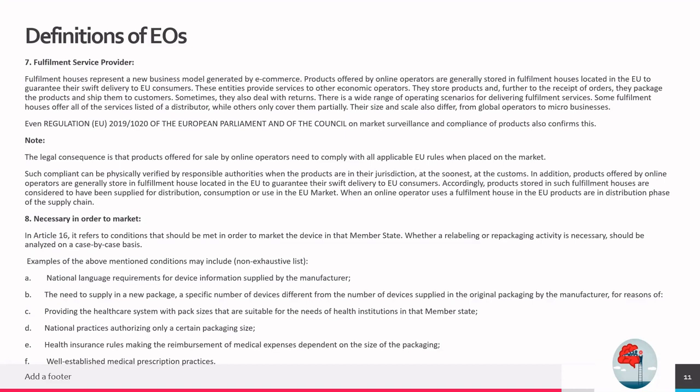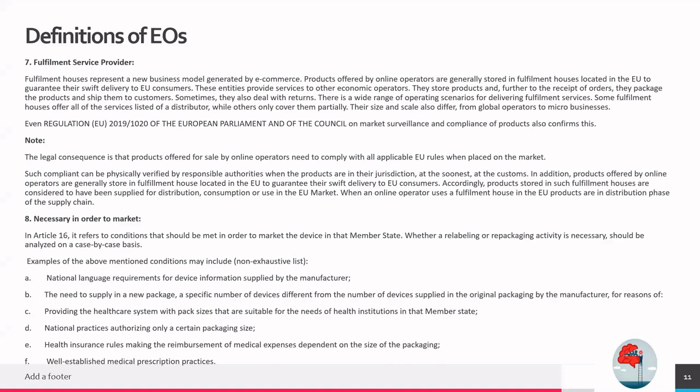Fulfillment houses represent a new business model generated through online e-commerce business. Products offered by online operators are generally stored in fulfillment houses, warehouses, right, located in the EU to guarantee their quick delivery to EU consumers. These entities provide services to other economic operators: they store products and, further to receipt of orders, they package the products and ship them to the consumer, that is logistics.